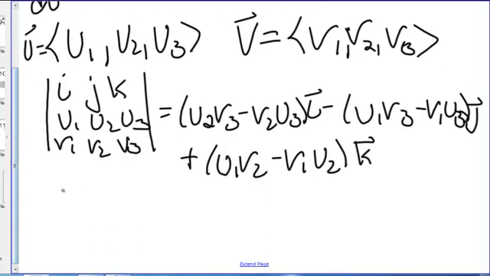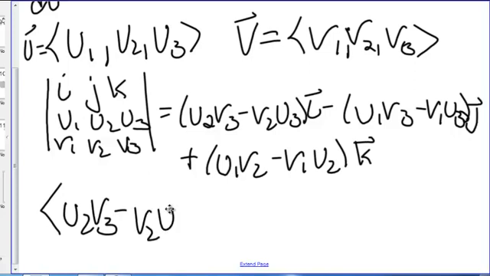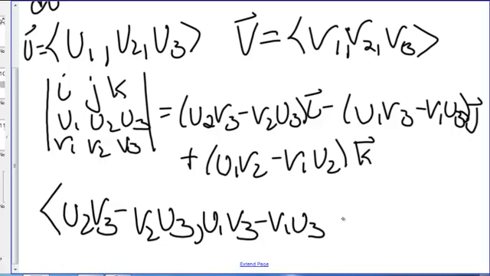So we can write that as the vector u2 v3 minus v2 u3, comma, u1 v3 minus v1 u3, comma, u1 v2 minus v1 u2.